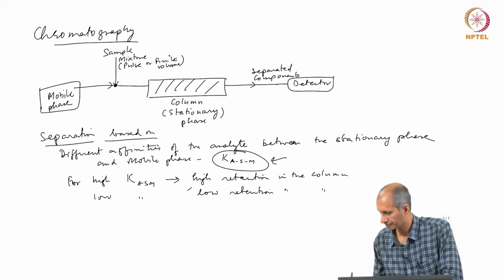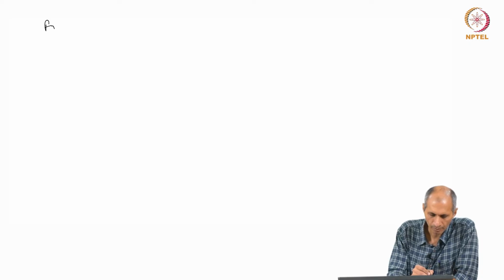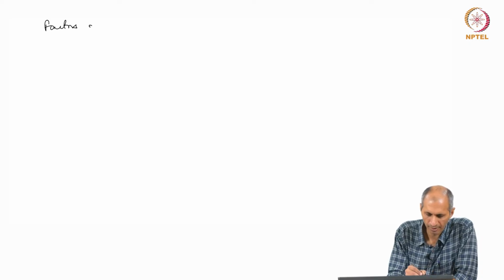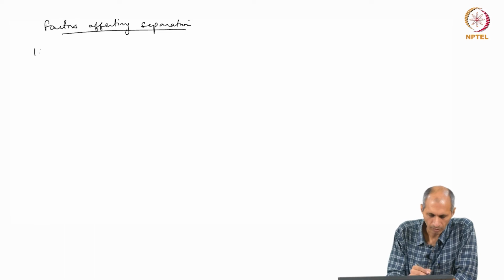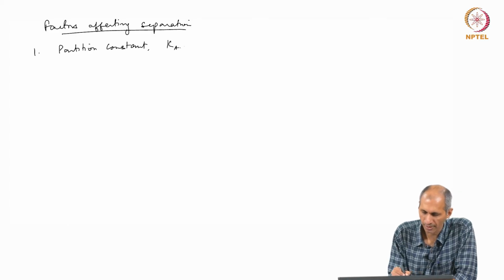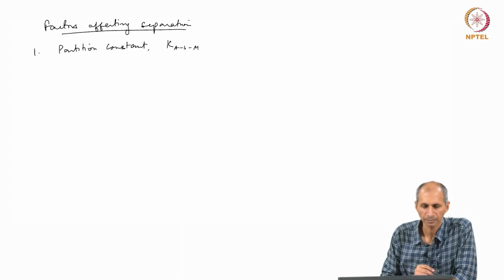So, we summarize the factors affecting separation. One is the partition constant, K, whatever we are talking about.